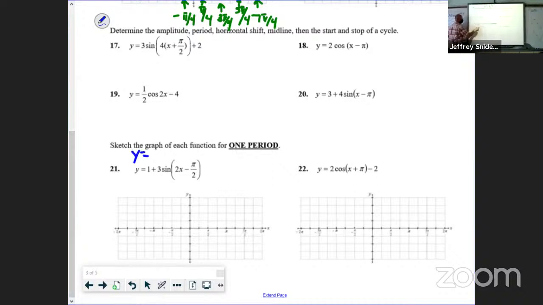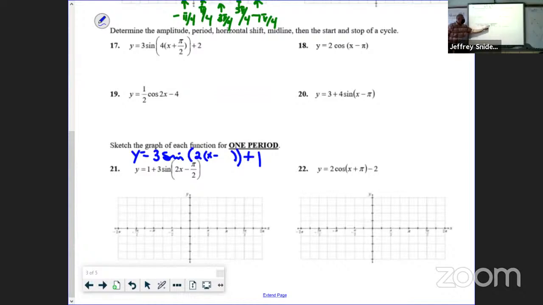Y equals, I don't like the 1 in front either. Where would I put that at? What is this 1 here? It's the k value. Put it at the end, plus 1. So I'm going to write 3 sine of, and then in here we go, 2 times x minus something is going to go in there, and then at the end, plus 1.